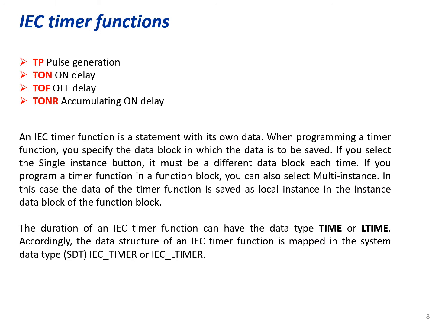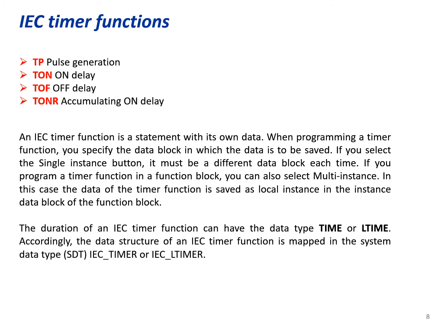TP, TON, TOF, and TONR are pulse generation, on delay, off delay, and accumulating on delay timers. An IEC timer function is a statement with its own data. When programming a timer function, you specify the data block in which the data is to be saved.